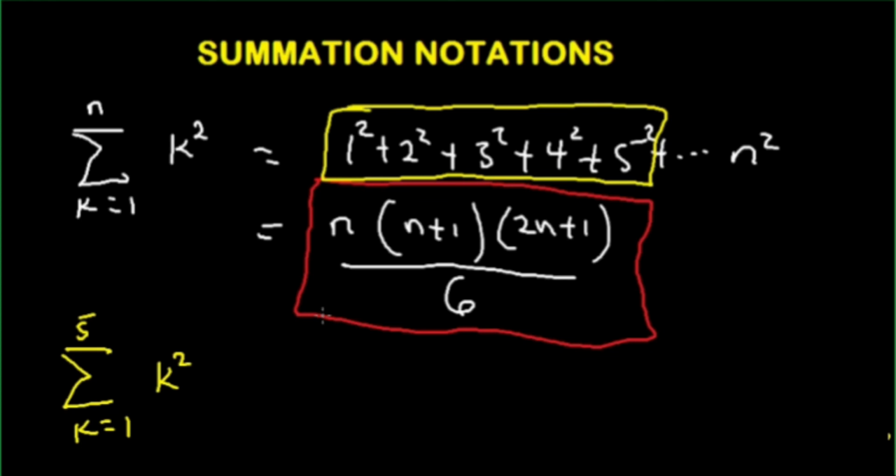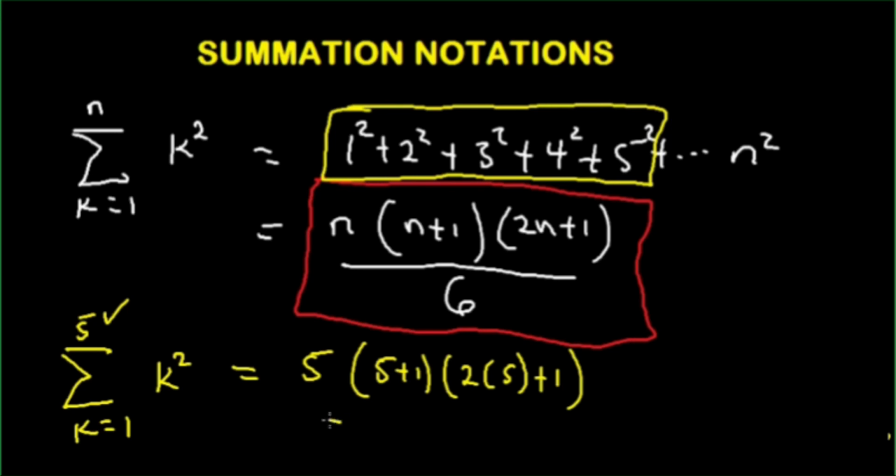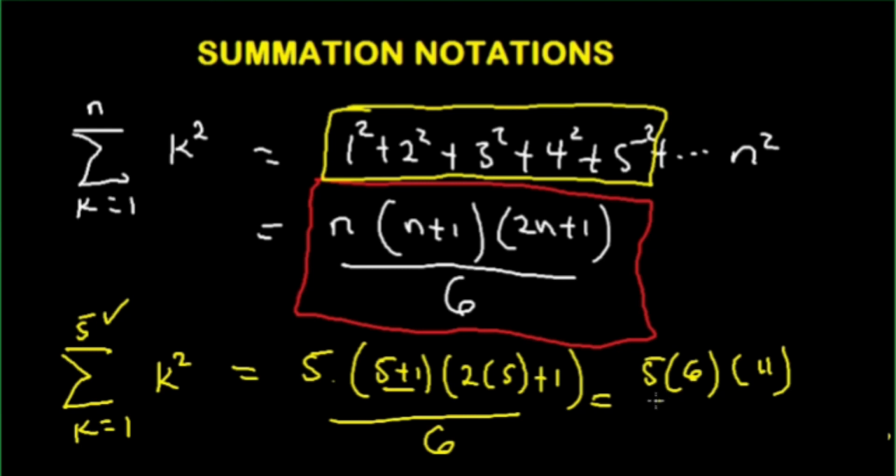So you just need to say that this n here is representing that 5. So 5 into 5 plus 1 into 2 times 5 plus 1 over 6. As simple as that. So you have 5, there is 6 here, right? That's 5 into 6. This is 10 plus 1, that's 11. Then over 6.